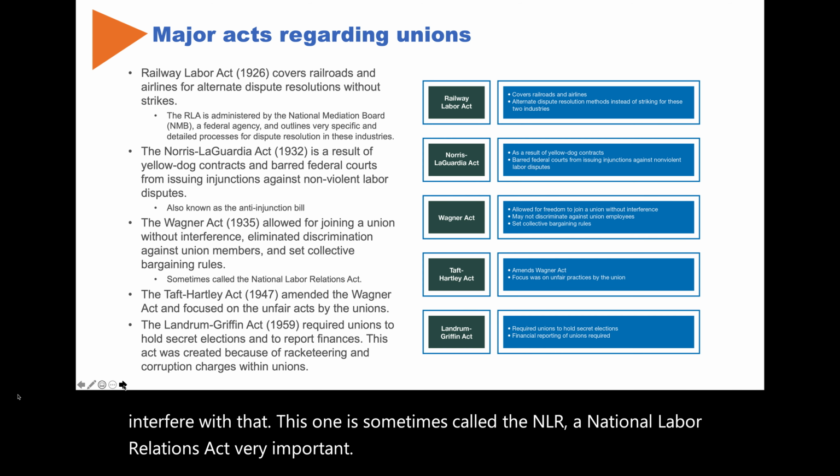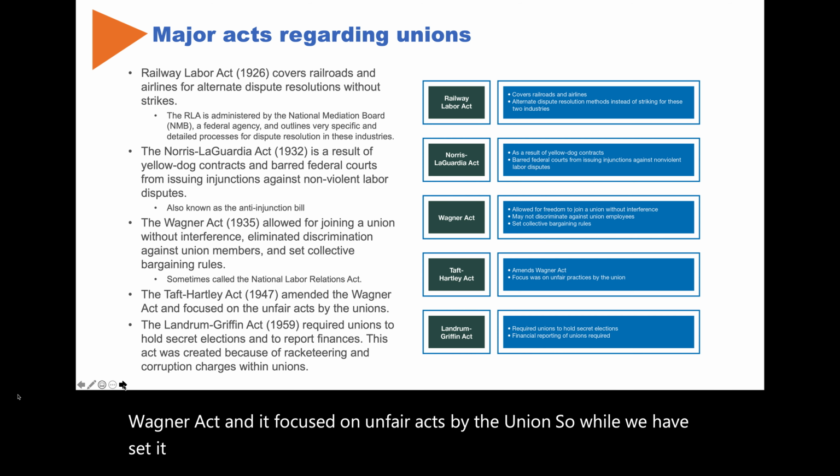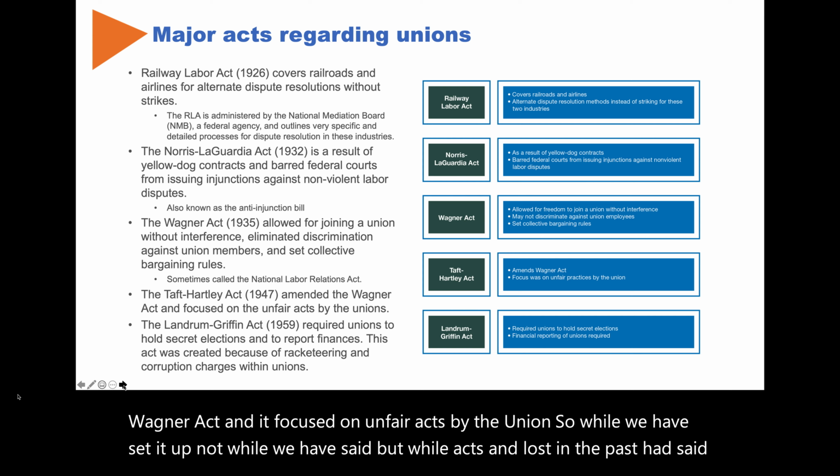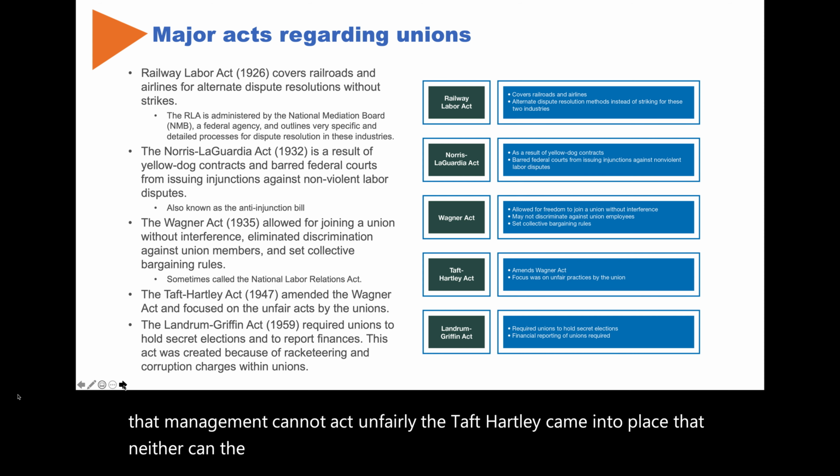Then we have the Taft-Hartley Act of 1947, which amended the Wagner Act, and it focused on unfair acts by the union. So while acts and laws in the past had said that management cannot act unfairly, the Taft-Hartley Act came into place so that neither can the union. The union cannot act unfairly either.